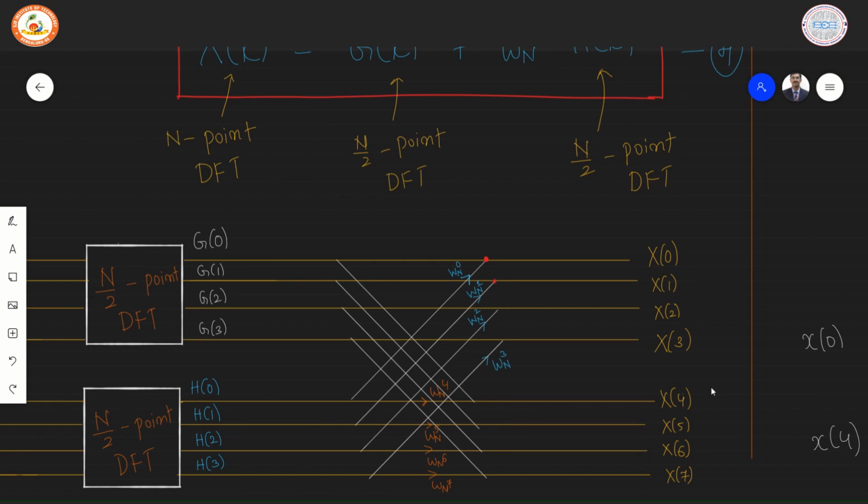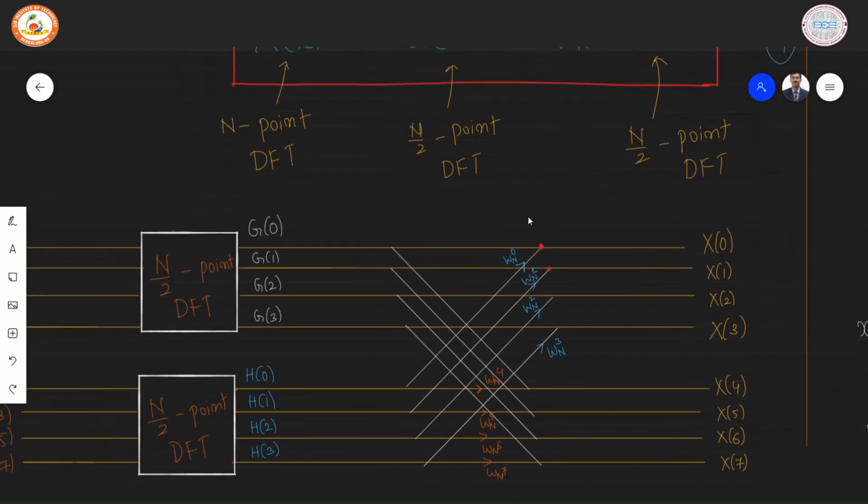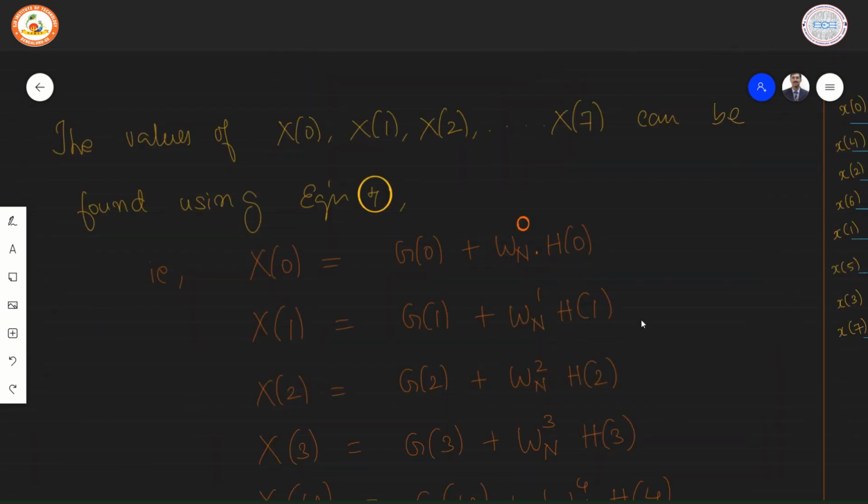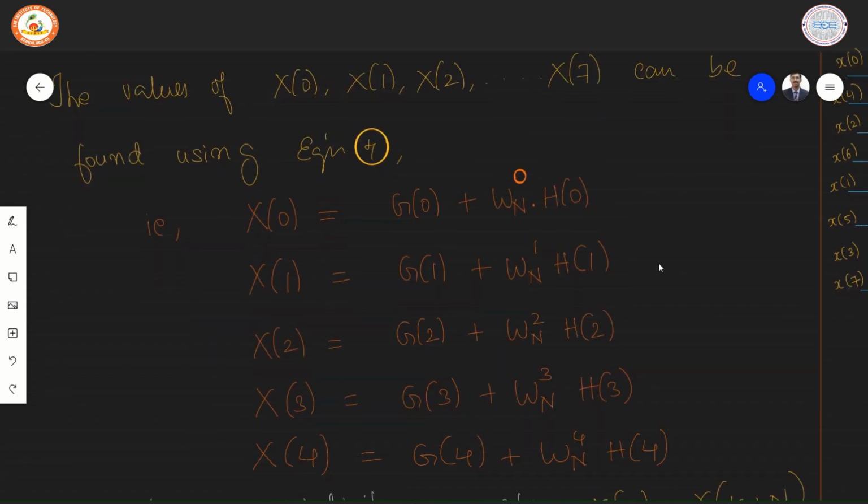So this is called the first decimation, wherein we have expressed the n point DFT taking the help of two n by 2 point DFTs. Here are the substitutions wherein we have considered the value of k from 0 to 7. This is just to support the argument.